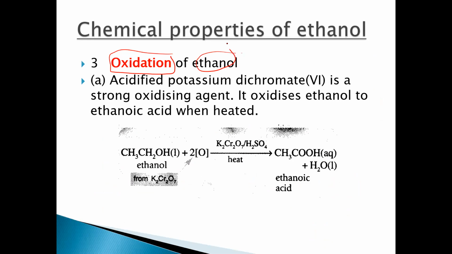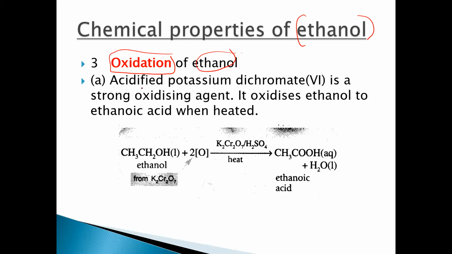Now, if you remember in alkenes, teacher also taught you oxidation, kan? Yeah, teacher. Okay. When I use the oxidation, teacher use acidified potassium manganate 7 solution, correct? Yes, teacher. In alcohol, I can use one more extra thing.